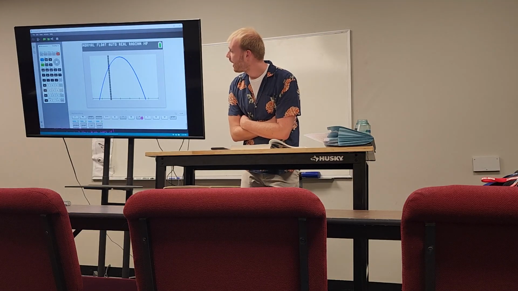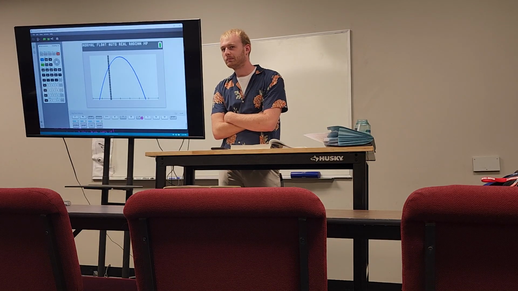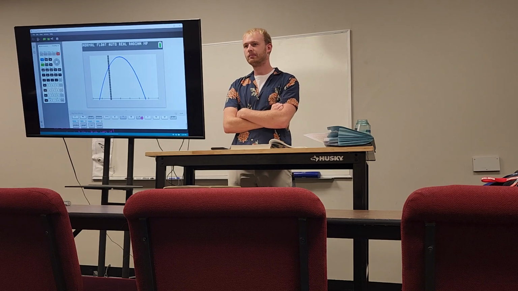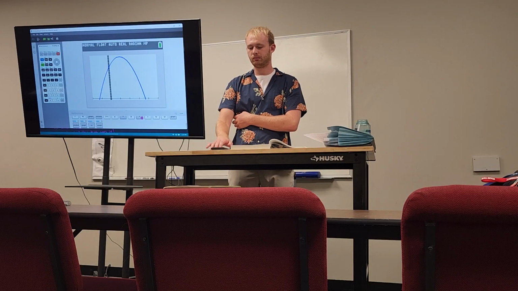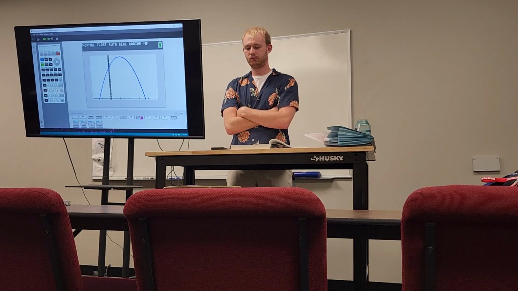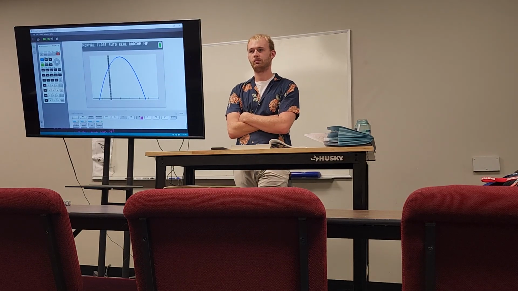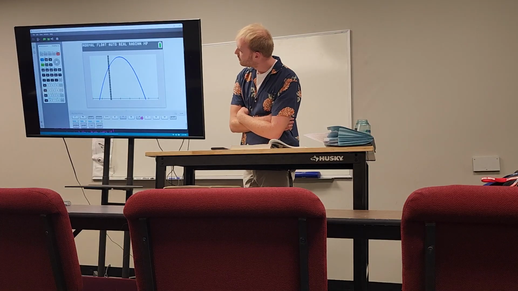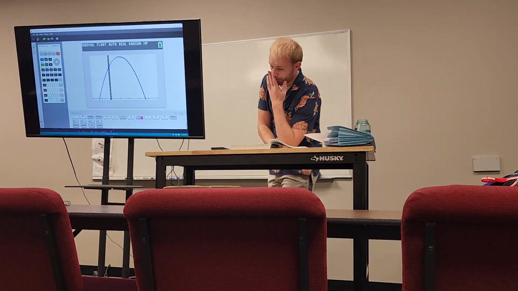So 74. And why does it look like this? Why is it the shape? As x is getting closer and closer to 0, because the 16x squared is negative.